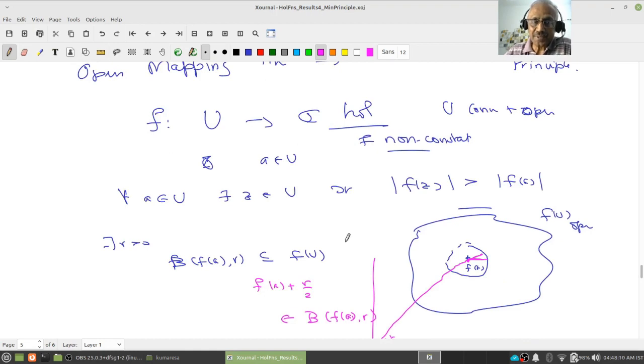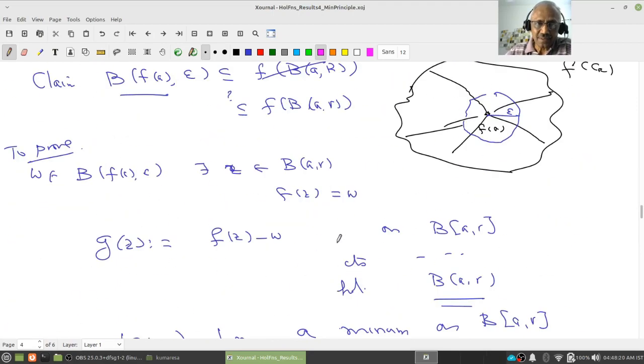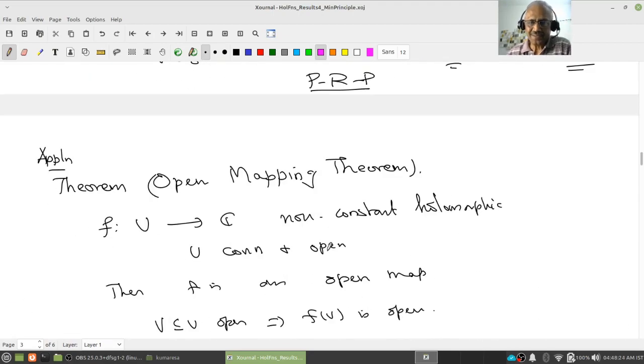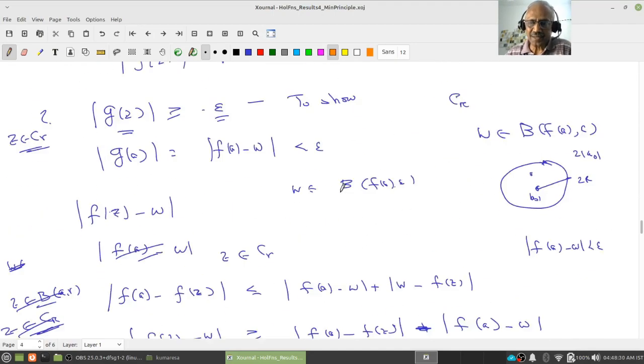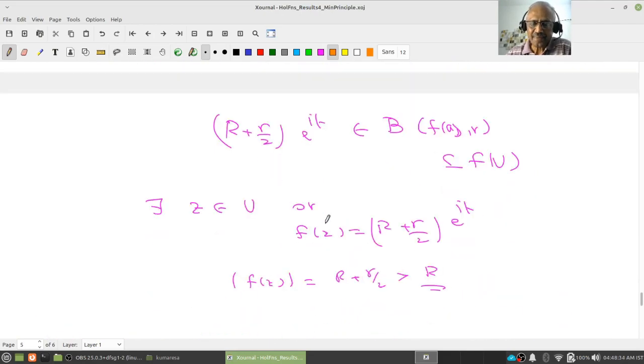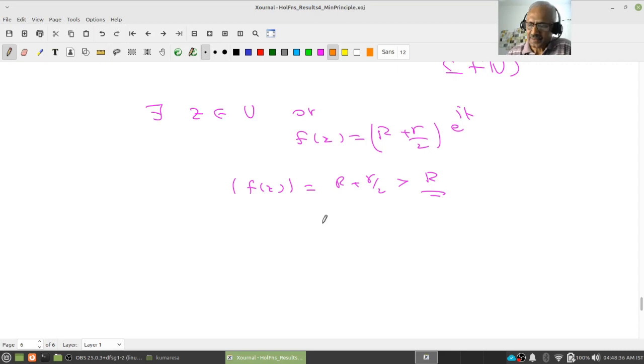The open mapping theorem said if f is non-constant and U is open and connected, then f of U is open. Let me go back and check; I made the statement correctly. So that is the only place where I used non-constant. After that, everything follows.